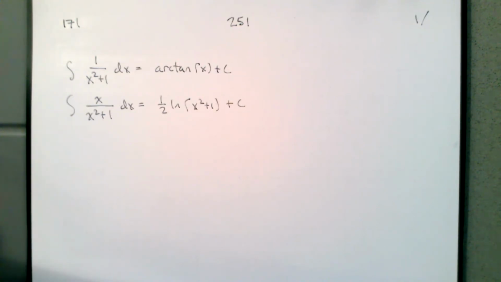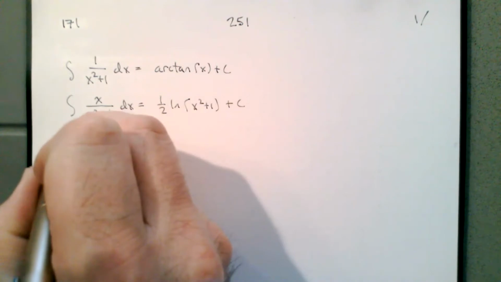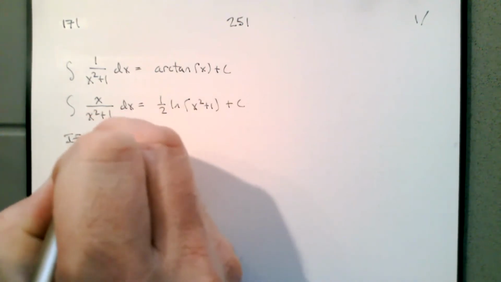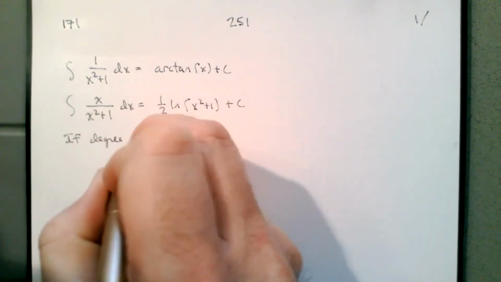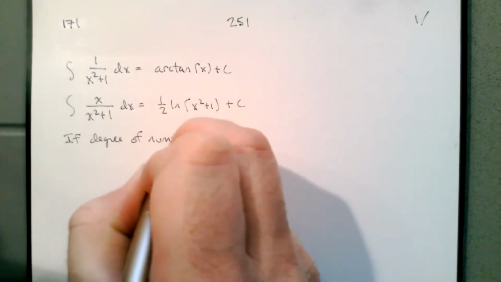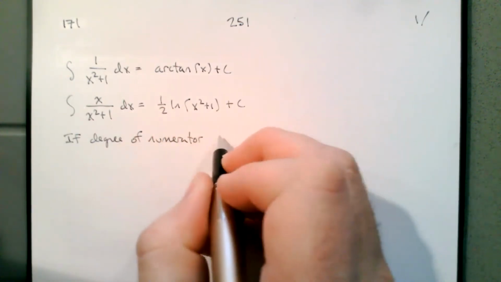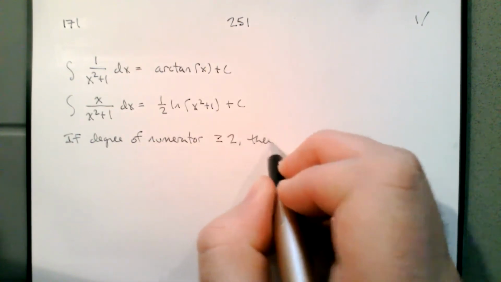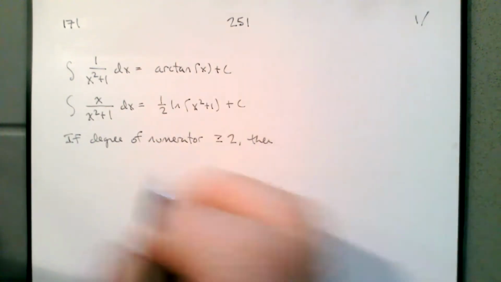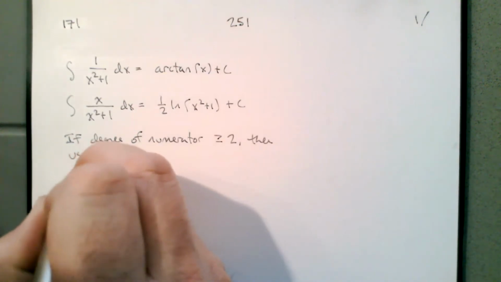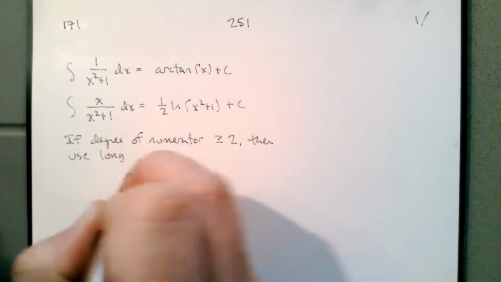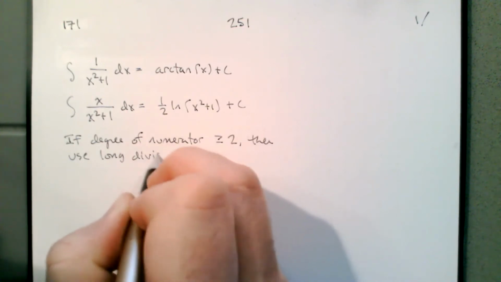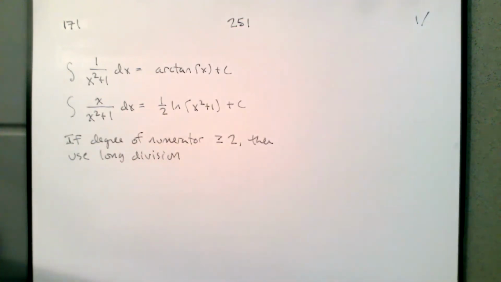So if the degree of the numerator is greater than or equal to 2, then use long division to rewrite the integrand as a polynomial plus a fraction.